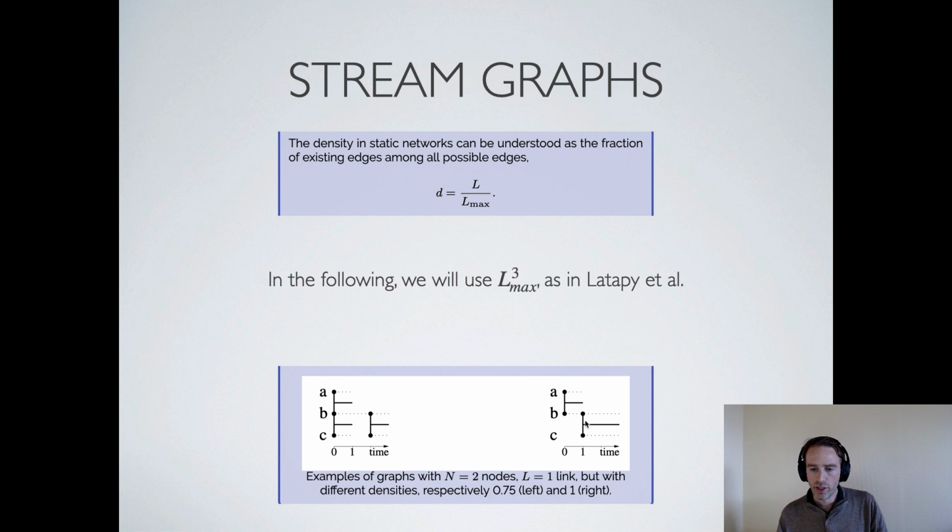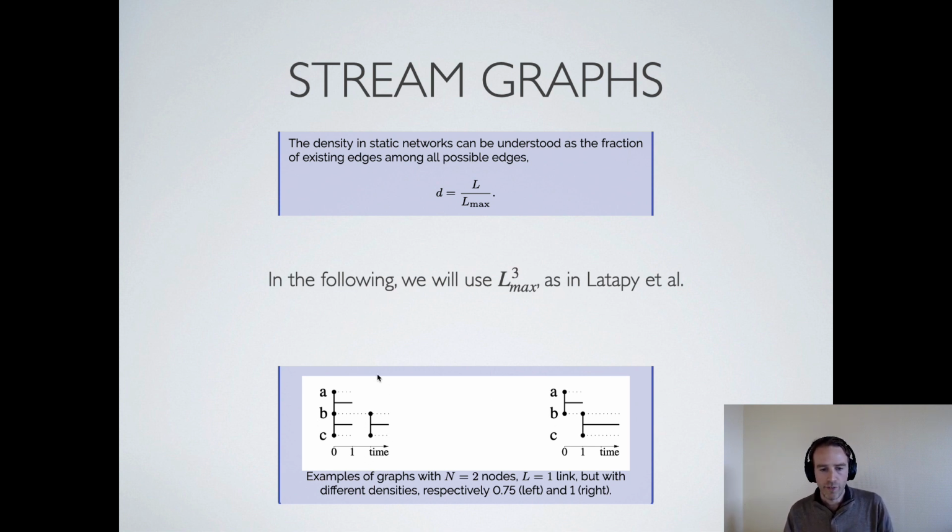And from 1 to 3, we see that B and C are present and they are connected, but A is not here. So every edge which is possible, because two nodes are present at the same time, exists. So the density is 1. It could actually be considered as a complete graph.